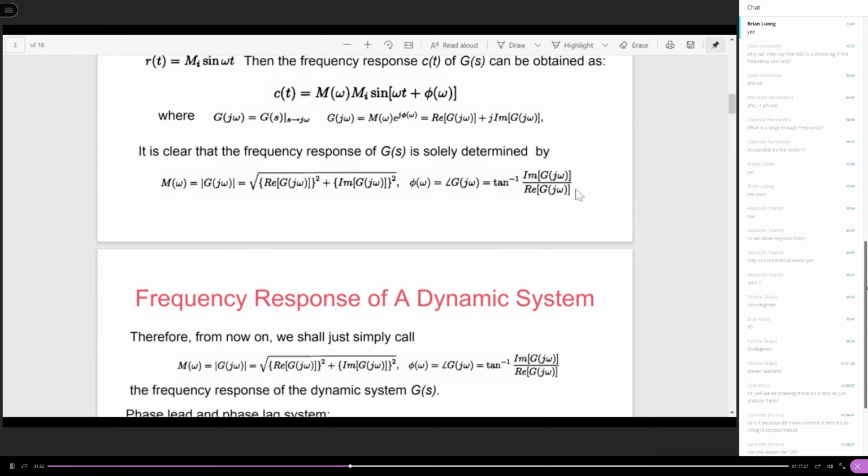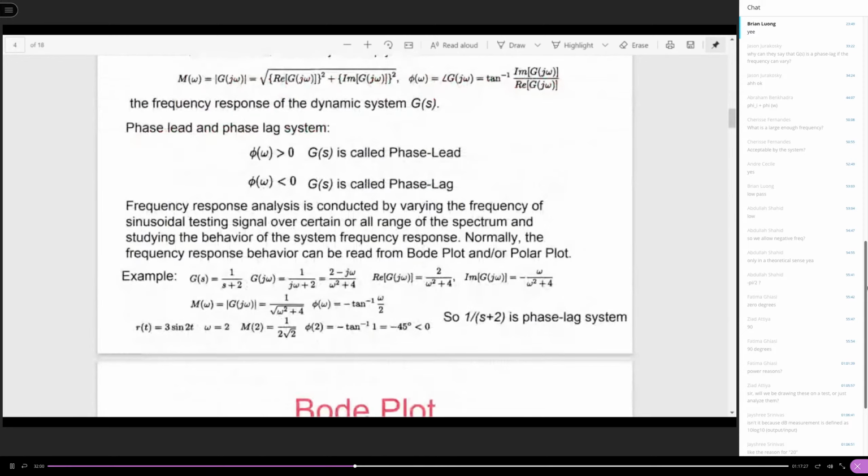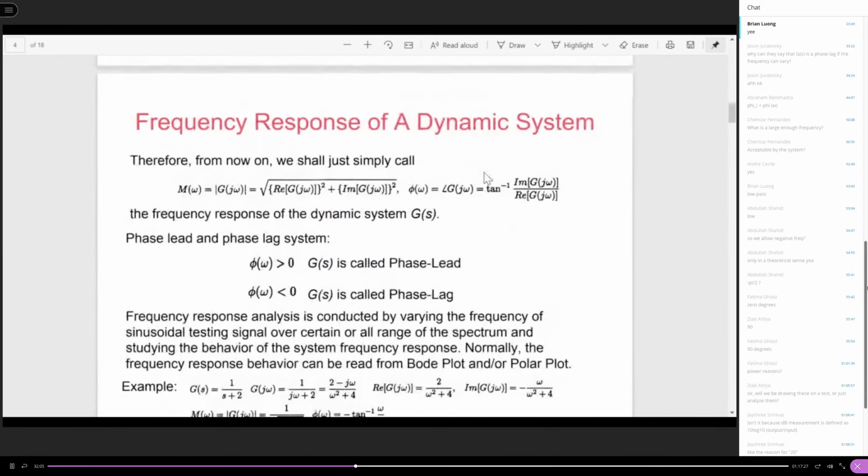Later on, you're going to find out that we always try to use one of these expressions at one time and the other expression at another time, and we are also interested in the relation between these two expressions. So once again, you should be very familiar with these two expressions.